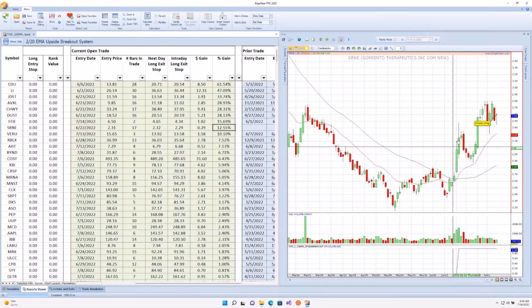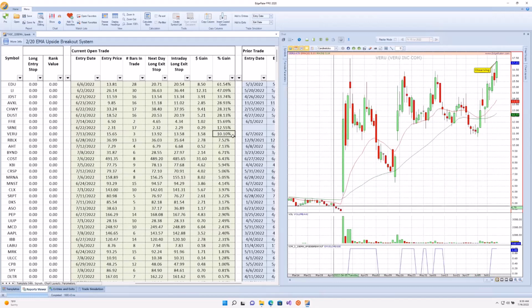And then the entry bar would have been this bar here. So this trade has not been a straight up trade. It was a pullback. It did not violate the 20. And now it's moving again. So it's a great, well, currently a 12.5% gain, which is not too shabby.